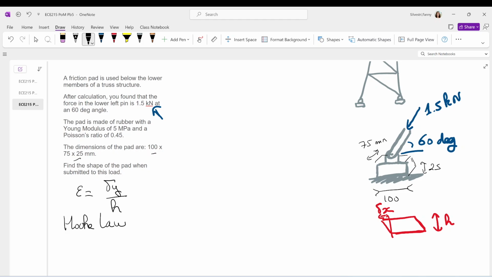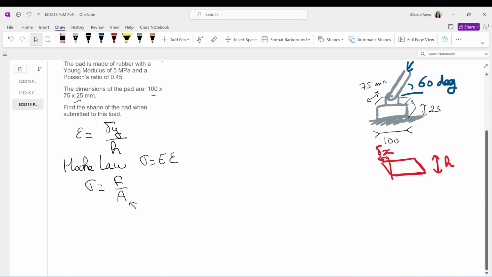Remember, sigma equals E epsilon. We have E, so we can find epsilon, but we also need sigma. Sigma equals force divided by the area. We can find the area, we have the force, we have E, so we can find epsilon and then delta y. This is for the normal strain, the h.